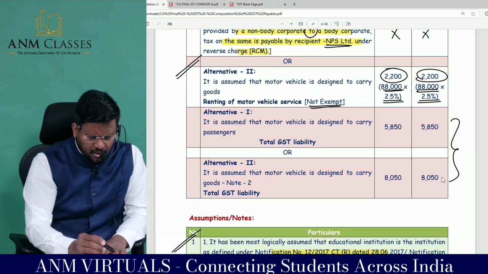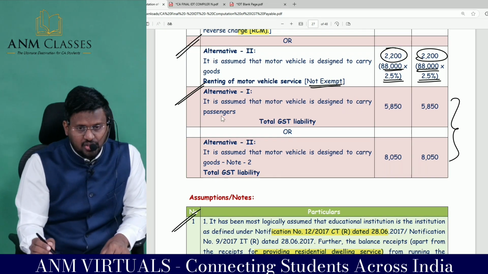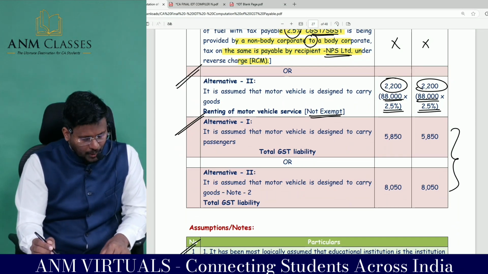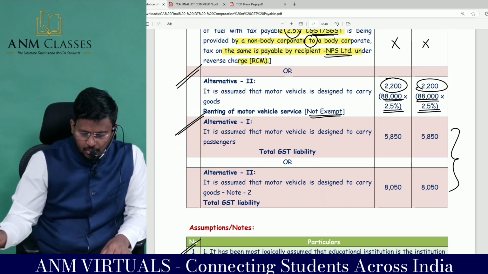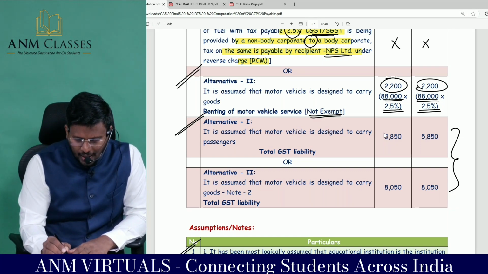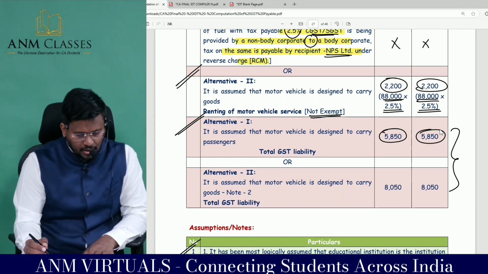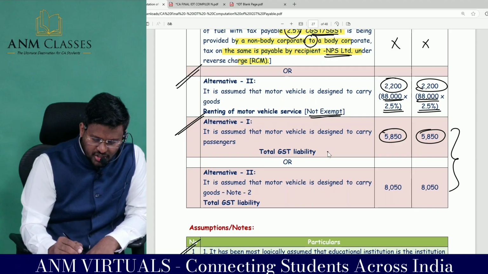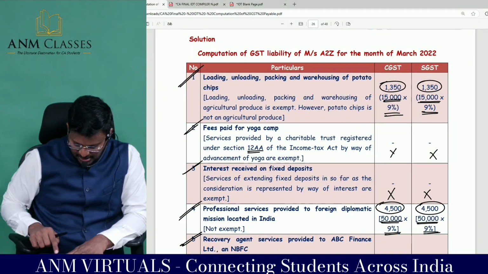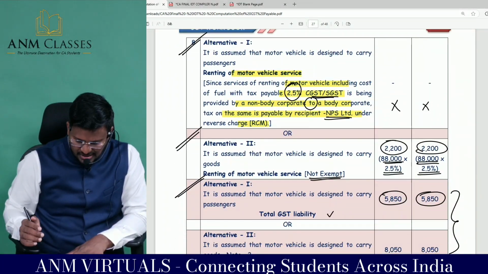Here, alternative number 1 again: it is assumed that the motor vehicle is designed to carry passengers. What is the value? Total 88,000. What is this, 5850 and 5850? Total, sir. In alternative number 1, the answer, total GST liability, is nothing but 1350 plus 4500 plus 0.